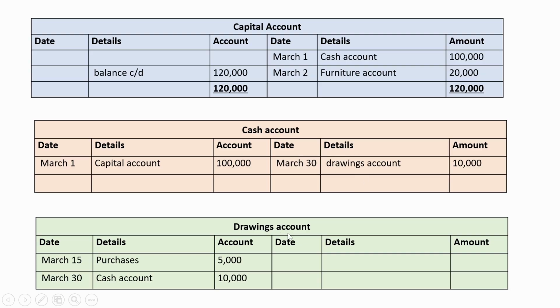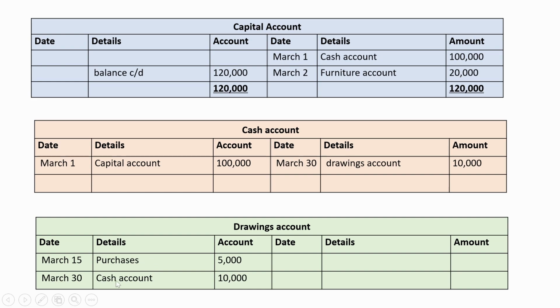So lastly, we have the drawings account. So on March 15th, Kamau had taken some goods from the business for personal use, and the value of those goods was 5,000. So we said, because you have reduced your inventory or your goods, you are supposed to credit purchases account, and then you debit the drawings account.